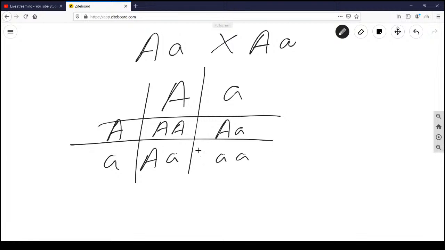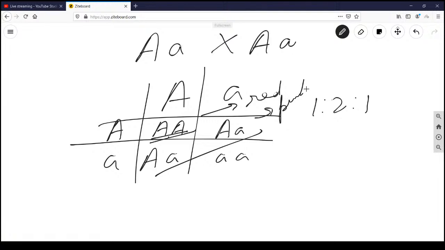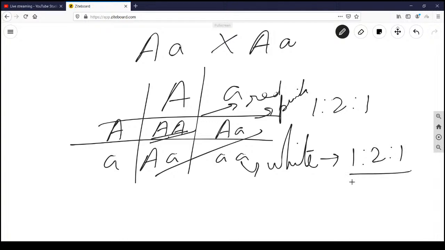But what you would be seeing is, suppose this is red, this is white. You'll be thinking all three must be red. No, the genotypic ratio here is 1 to 1. Phenotypic ratio will be the same. This is suppose red, so these two will be pink, and this is white. So the phenotypic ratio is also the same as the genotypic ratio.